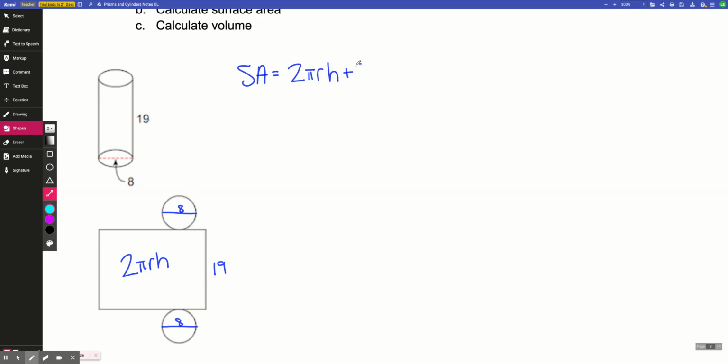Plus 2 pi r squared, because each of these circles is pi r squared to find the area, and there's 2 of them. So this is the area of your circles, and this is the area of the rectangle in the middle.